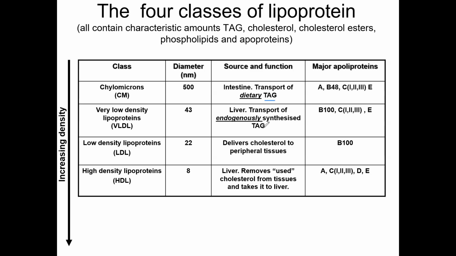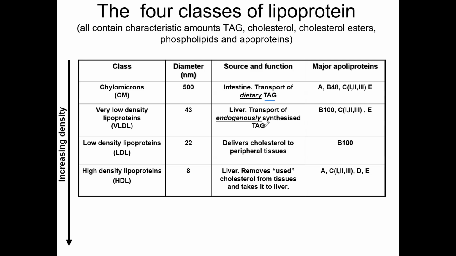So the major function of very low density lipoproteins is to transport endogenously synthesized triacylglycerol. The major apoproteins for the very low density lipoproteins are B100, apolipoproteins C1, C2, and C3, and then E.